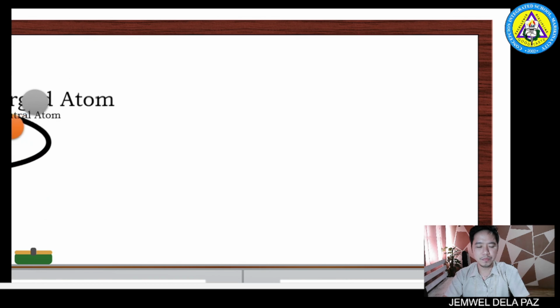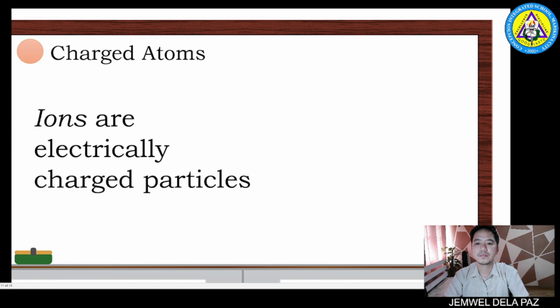Charged atom can be considered or identified once they have electrical charges. And to become charged, an atom should either give off or receive a certain number of electrons.